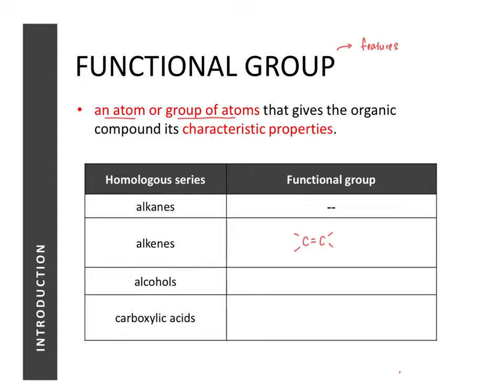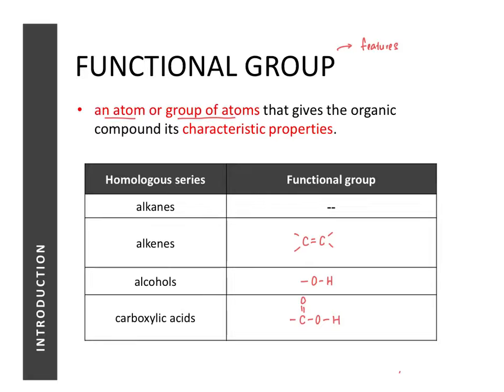Then for alcohols, it has this particular functional group, your OH functional group. Whenever you see a compound with an OH group, it tells you that the compound belongs to the alcohol functional group. And lastly, for carboxylic acid, you will see this particular group of atoms, your COOH group.